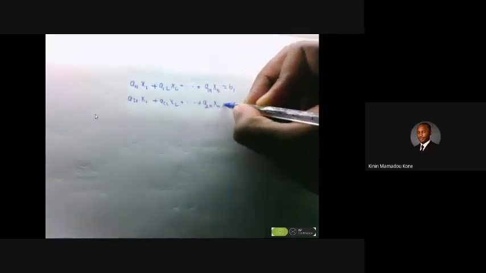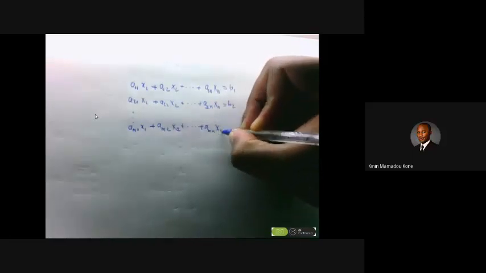We have a21 x1 plus a22 x2 plus up to a2n xn equals b2, and so on until am1 x1 plus am2 x2 plus up to amn xn equals bm. Let's assume that we have an m by n system.